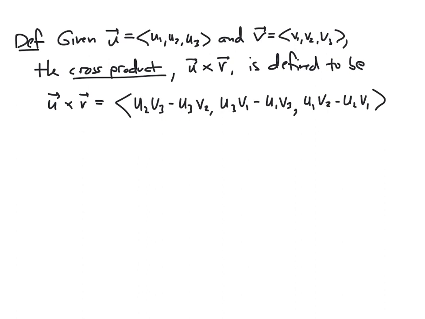So the first thing to observe is that u cross v is always a vector. There's no way to get anything other than a vector when we take the cross product, whereas u dot v is always a scalar.